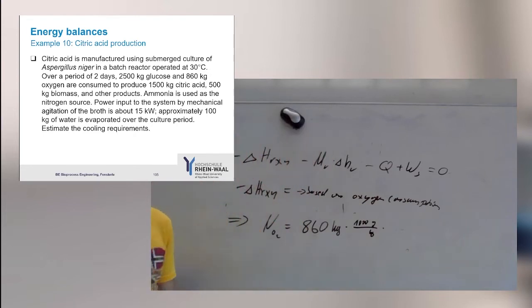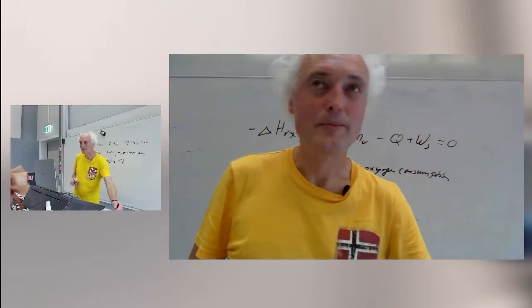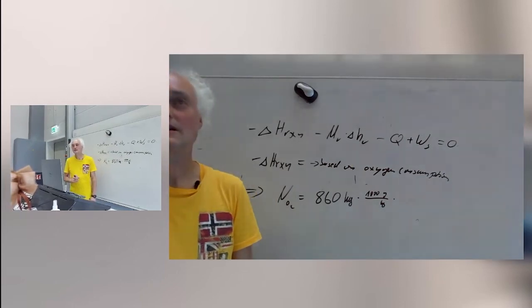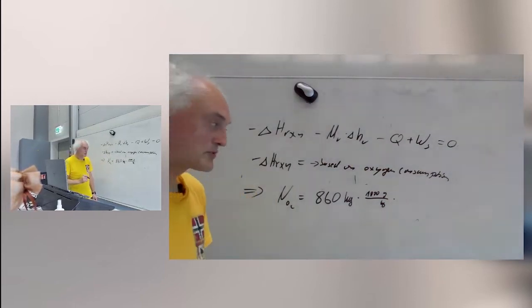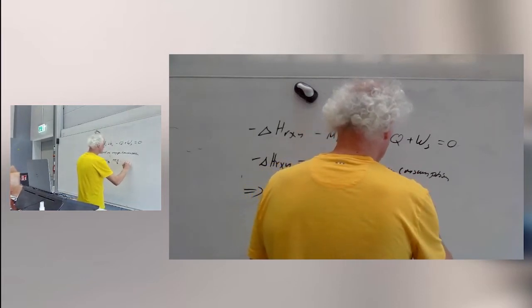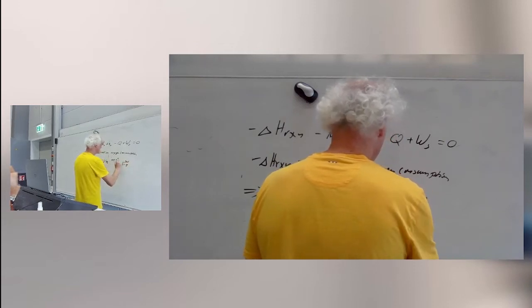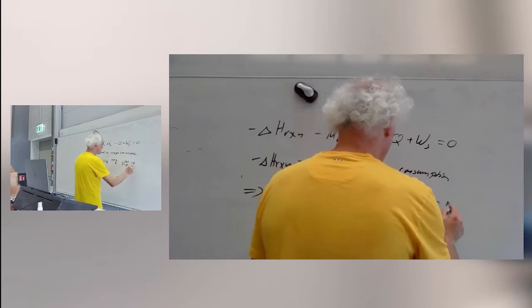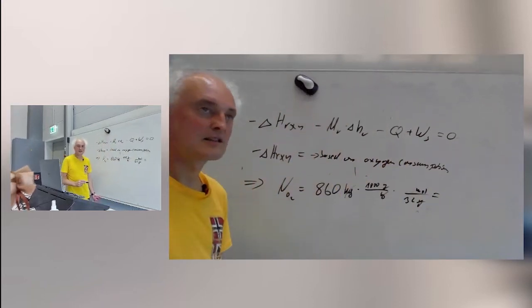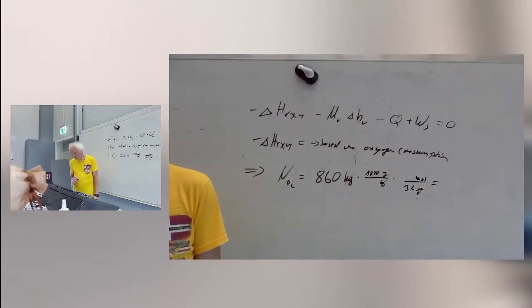The molar mass of oxygen is 32 grams per mole, that's cool. So where do we need to put it? We want to get rid of the gram, so therefore here we have the mole divided by 32 grams. Now the grams get kicked out, kilograms get kicked out, and at the end we have moles. How many moles of oxygen do we have at the end?